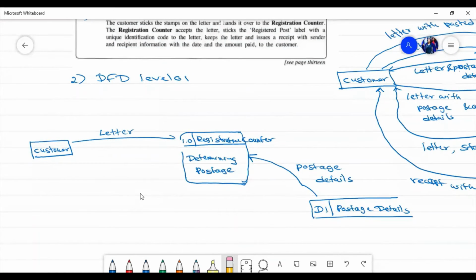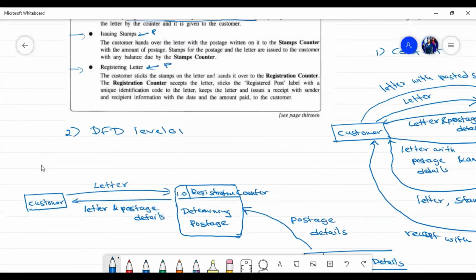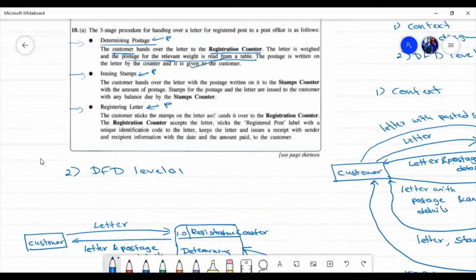So here, the system will return the letter and postage details. Done. So that means we have completed this process.